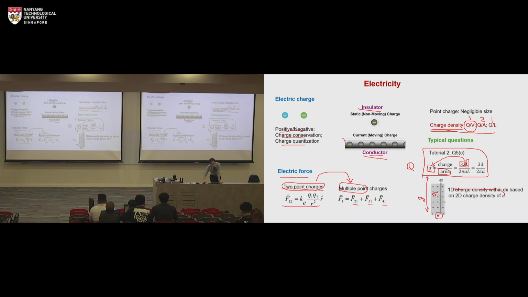Now you can purposely or artificially create a one-dimensional wire, with an infinitesimally small width, dx. So effectively it is a one-dimensional wire, but we still write the width as dx. Then what will be the one-dimensional charge density on this wire?